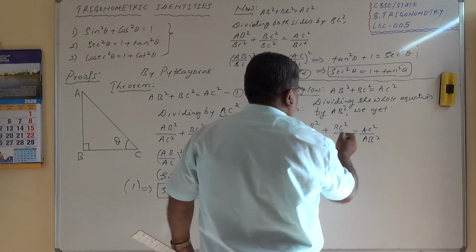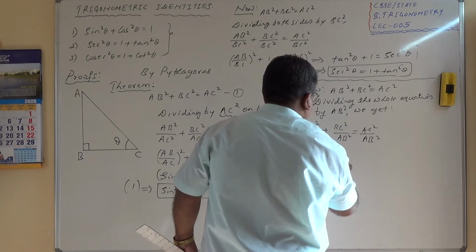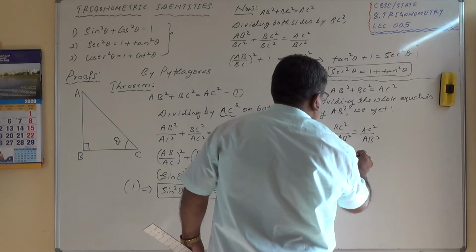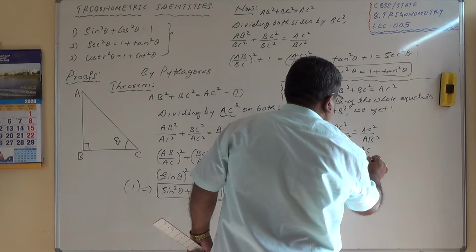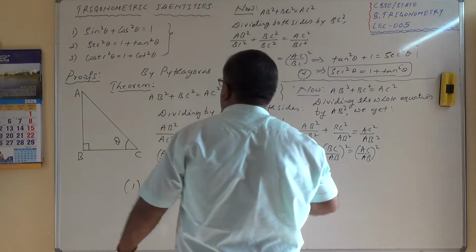This is 1 plus (BC by AB) the whole square equals (AC by AB) the whole square.